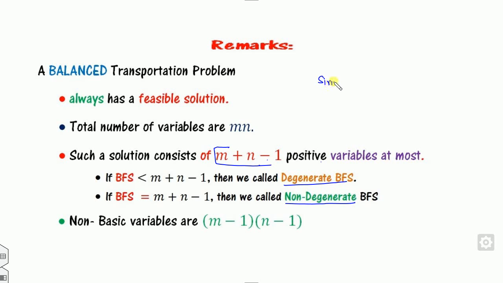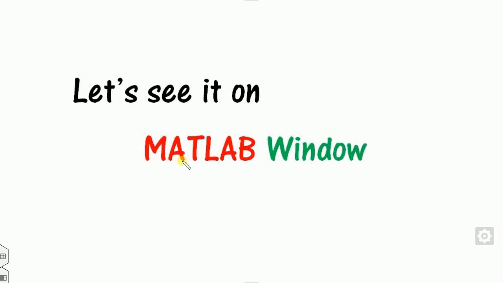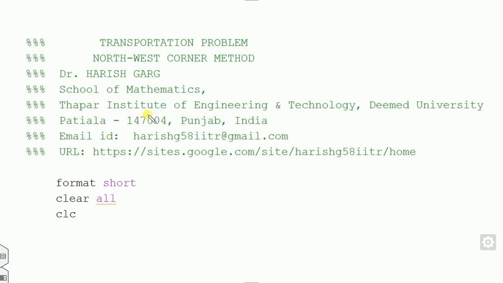If you remember your simplex method, when any of the basic variables contains the 0 value in the simplex table, we call it a degenerate solution. Look at what happens if the number of values is less than this: the remaining values are 0, so it means they are degenerate. Now, based on this idea, we will design the MATLAB programming for the northwest corner method.